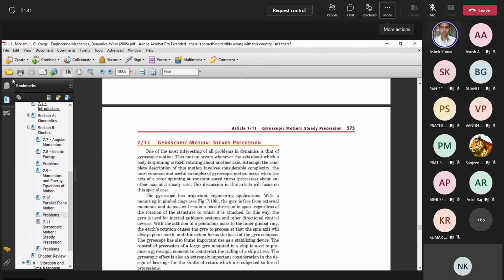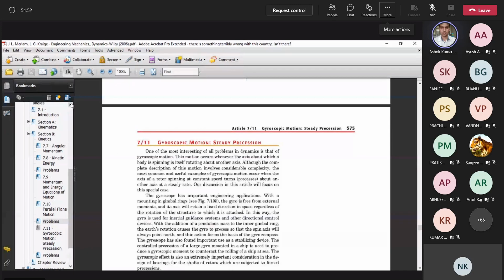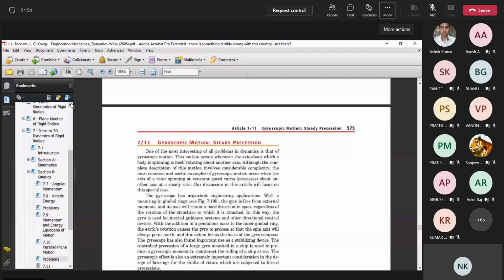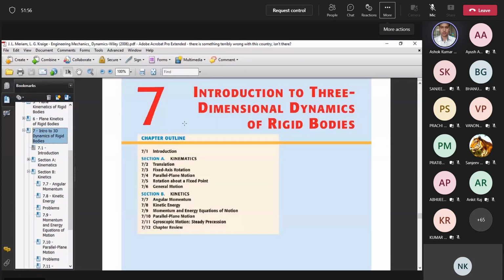This book is Meriam and Kraige. The book name is Engineering Mechanics Part 2, which is Dynamics. It has a chapter 7, which is Introduction to Three-Dimensional Dynamics of Rigid Body. Actually, everything taught here I have completed in a nutshell through this chapter.